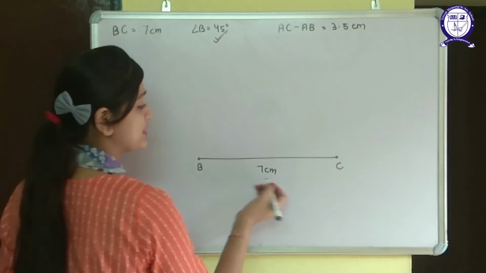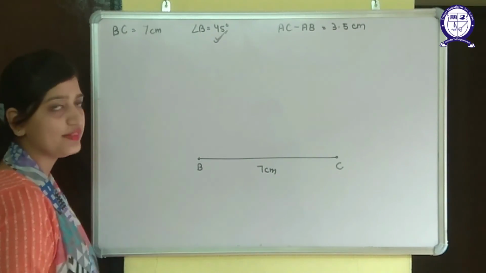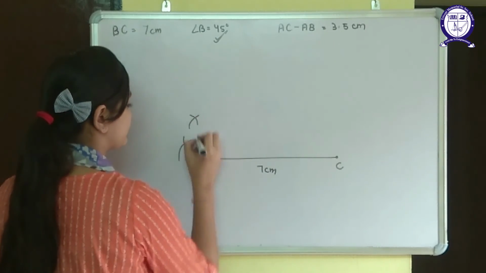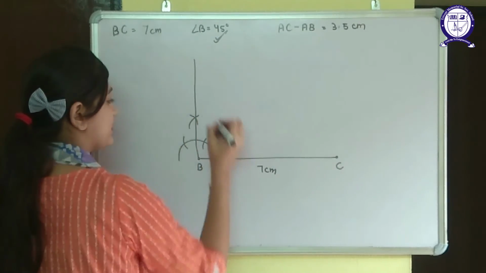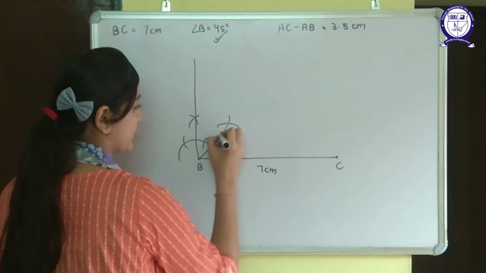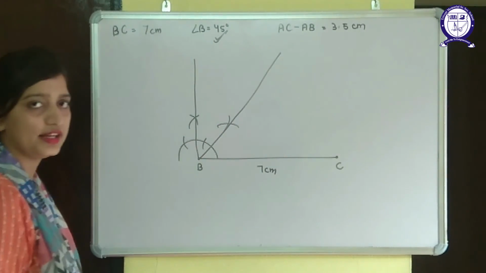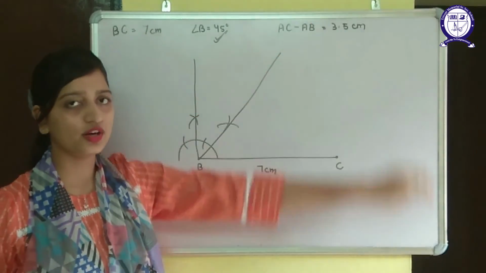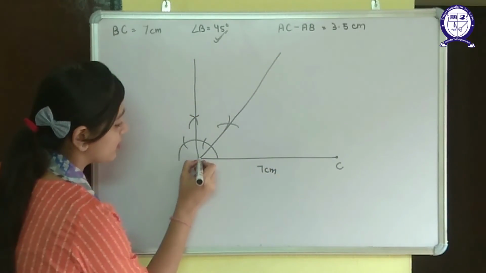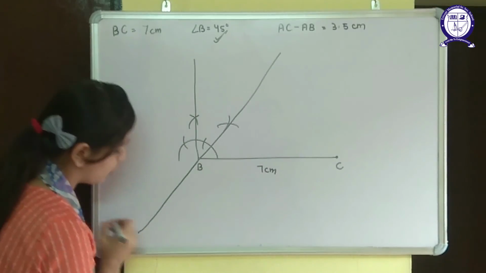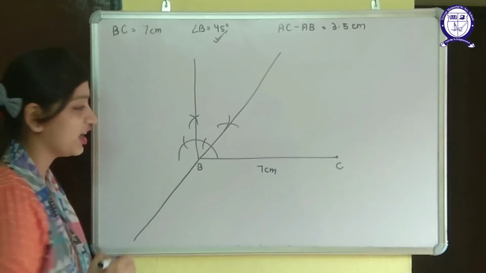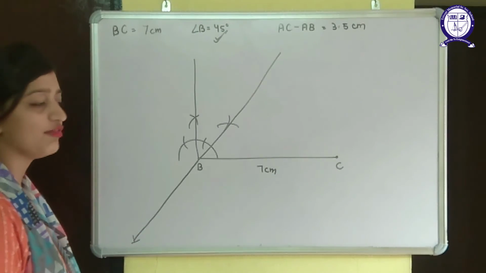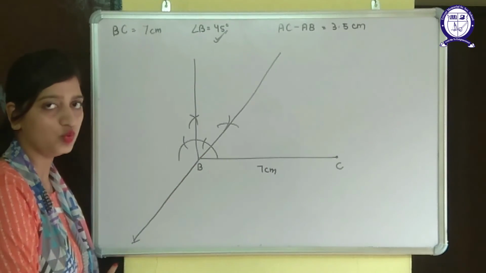First make 7 centimeter BC and then 45 degrees. First we will make 90, then 45 degrees. This is my 45 degree angle. Now in this question, instead of extending this line in the upward direction, we will extend it below. This is what you need to remember, that in the second case we will extend the line downwards.